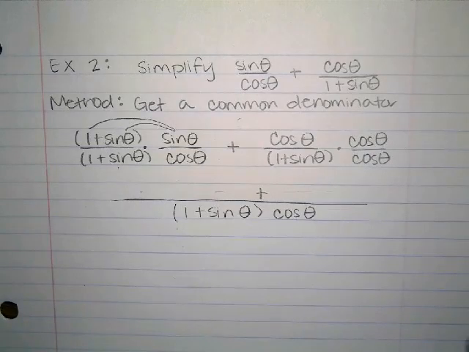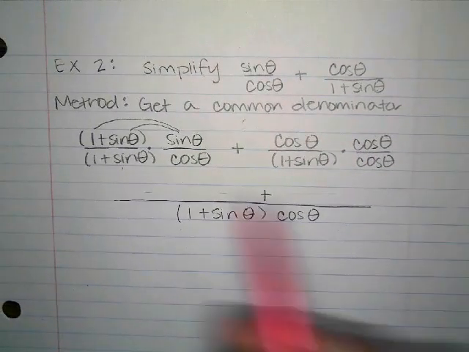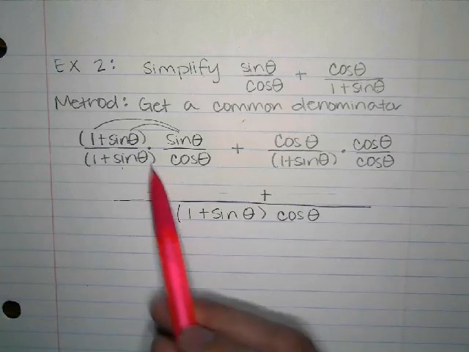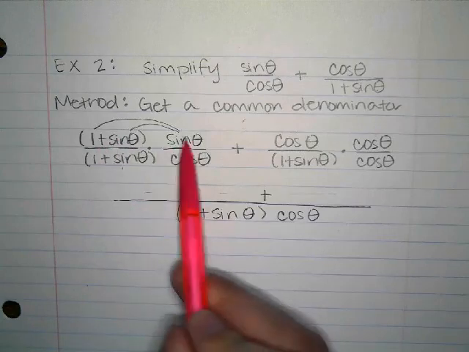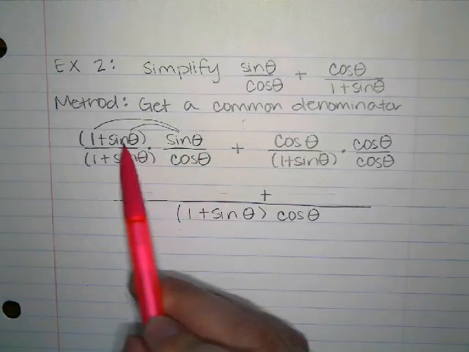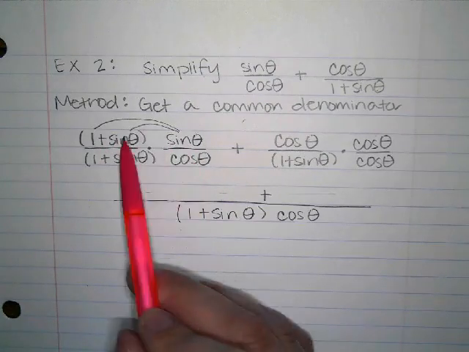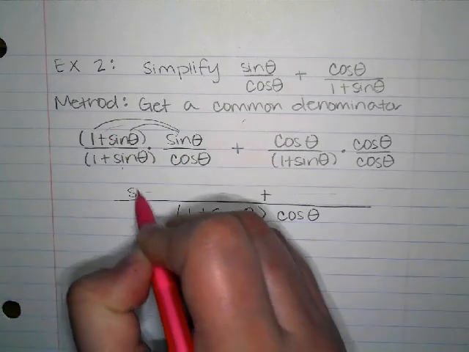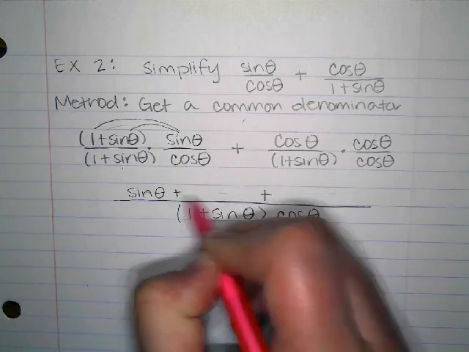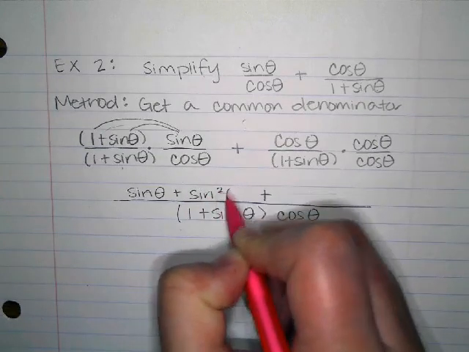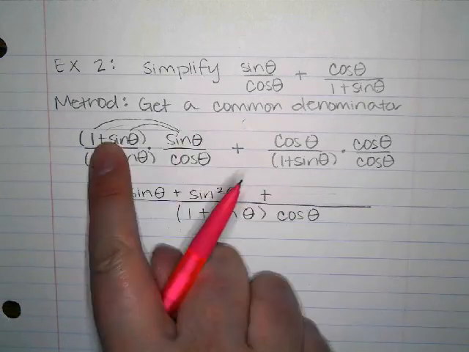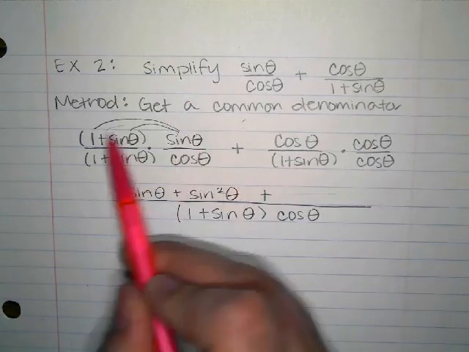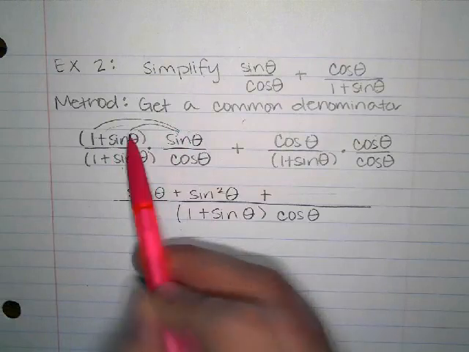What did you guys get for this part? Sine plus sine squared. Did everyone get that from distributing the sine inside the parentheses? So sine times 1, sine times sine. It doesn't really matter if it's in front of it, because normally it's a multiplication, you can distribute from behind.